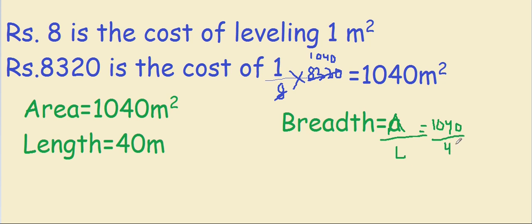If you have to find length, so area by breadth is equal to length. Okay, so here we will divide this whole thing, and 1040, if you divide by 40, how much do you get? 26. So I've got the breadth 26 meter.